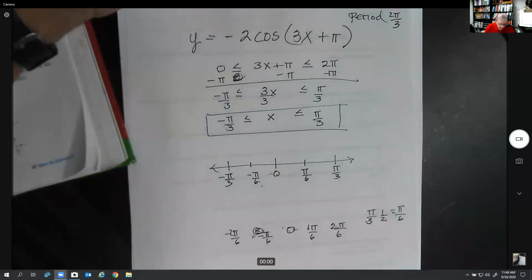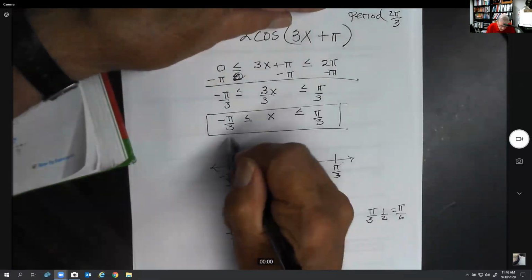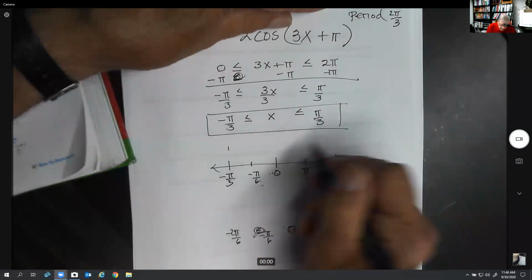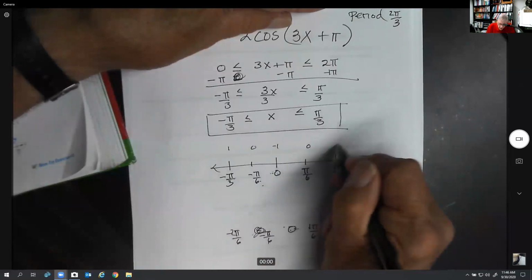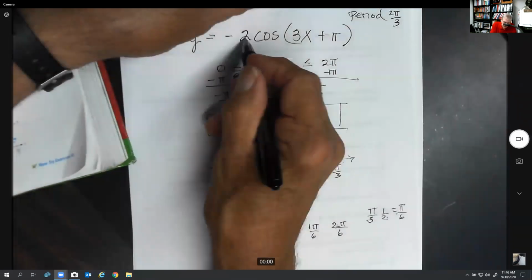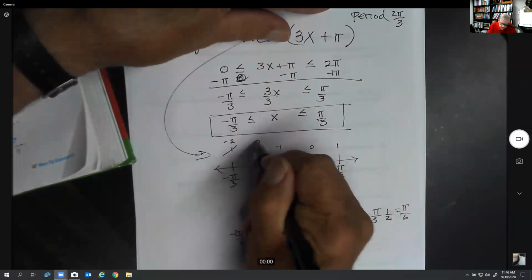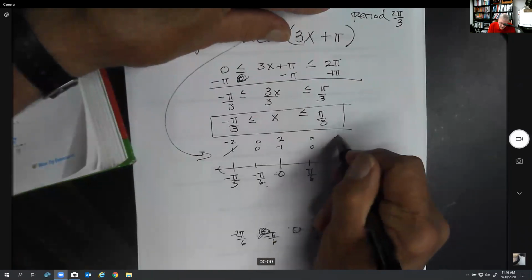Okay, now what about the cosine? What about this -2? Normally the cosine goes 1, 0, -1, 0, 1. But now we're going to multiply everything by -2. So this is going to be -2, 0, +2, 0, -2.